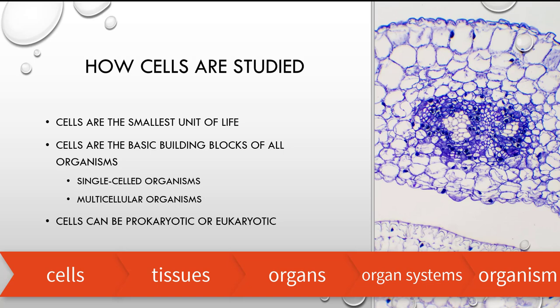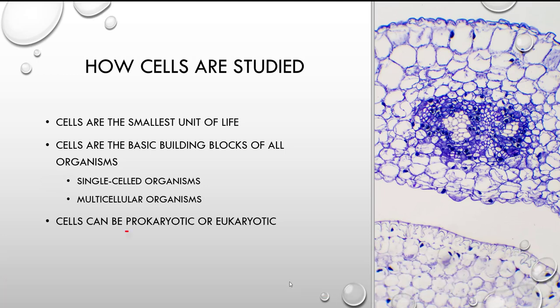We can have single-celled organisms, such as bacterial cells, which are prokaryotic. Remember, we talked about this in chapter 1: we can take every single cell in the entire world and divide it into 2 categories. They're either prokaryotic or eukaryotic.